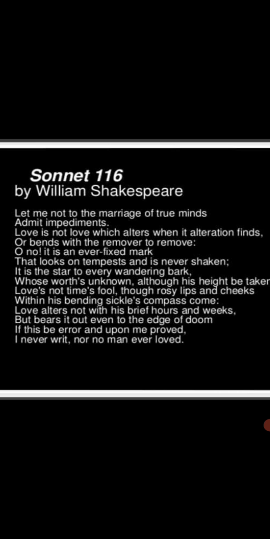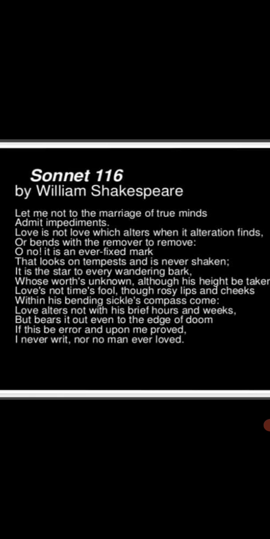A quatrain means a stanza of 4 lines, and a couplet is the last concluding two lines. As I've told you, Shakespeare has written 154 sonnets, and this is sonnet number 116 out of his 154 sonnets.